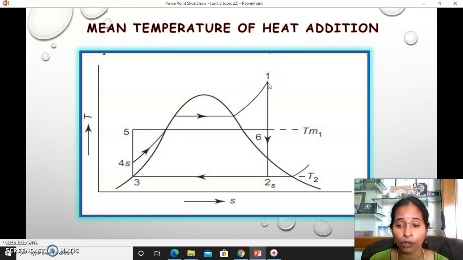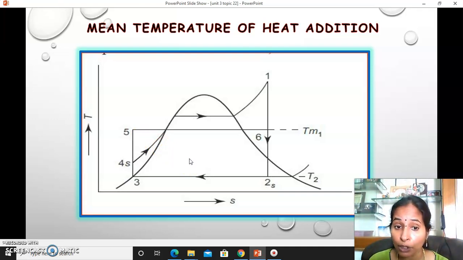You cannot adjust this 2s to 3 line, which is fixed. You have to make a rectangle of 1, 2s, 3, 4s, such that the area of 6 2s 3 5 is the same. That is, the area of the Carnot cycle and the Rankine cycle should be the same.